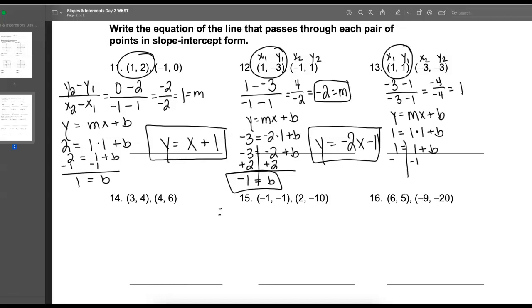Solve that, subtract 1, b equals 0. So what's the equation? Eddie: y equals x. You could put plus 0, right? But we don't need that. So y equals x is our equation.